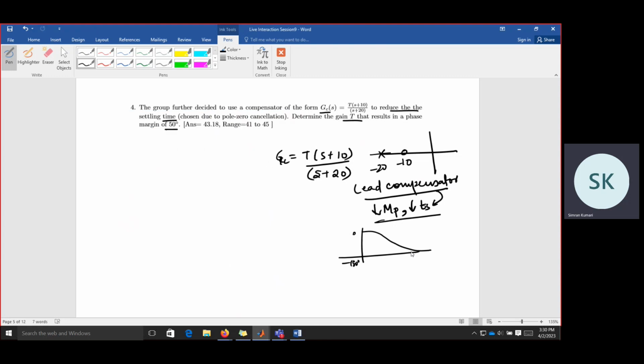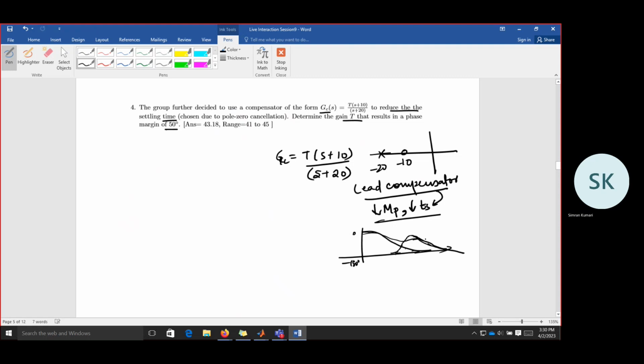Now when a lead compensator is being used, at higher frequency it adds positive phase. So in that case, this becomes some kind of this.